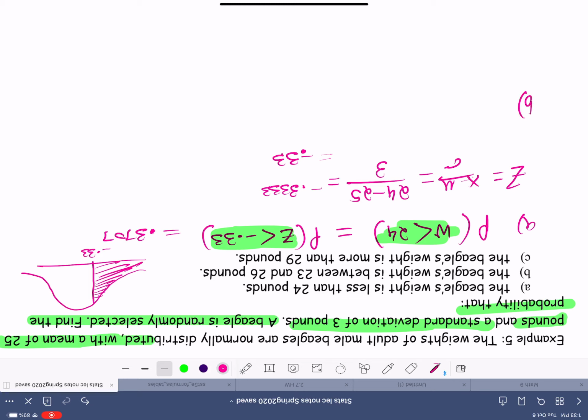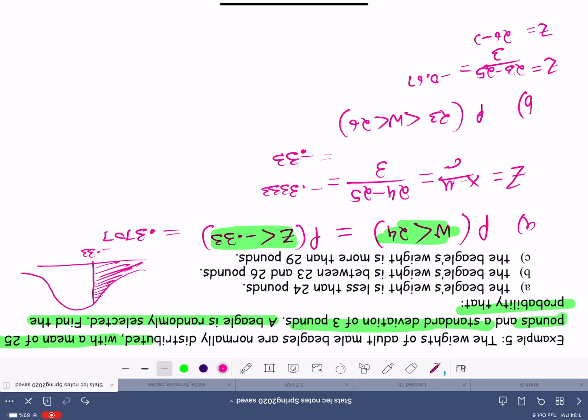Part B, the beagle's weight is between 23 and 26 pounds. So now we're looking for the weight between 23 pounds and 26 pounds. Again, we need to convert both 23 and 26 into z-scores and find the probability, or the area, in between those two z-scores. The z-score for 23 is 23 minus 25 over 3, which turns out to be negative 0.67.